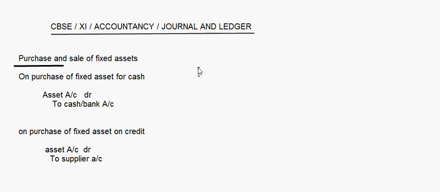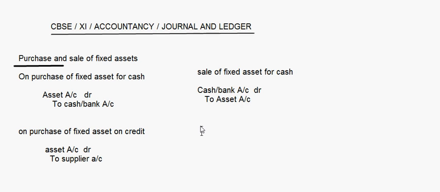Now let's see the entry for sale of fixed asset. Again, sale of fixed asset for cash, let's take up first. So here it will be cash or bank account debit and to asset account which is being sold, right?